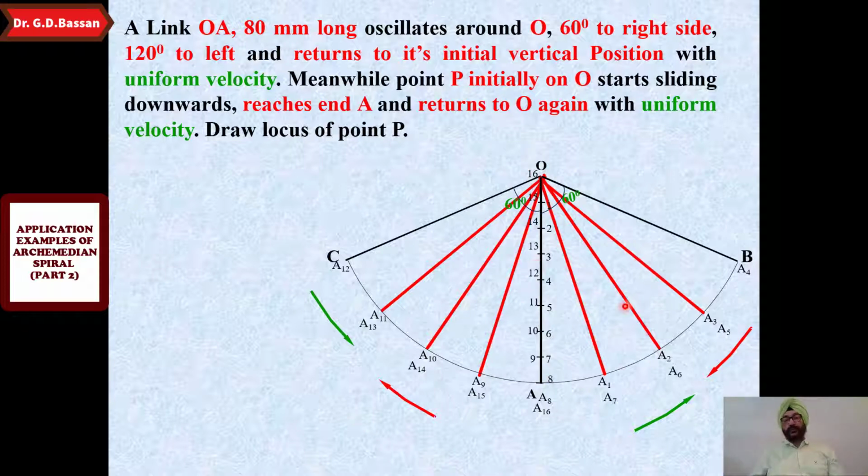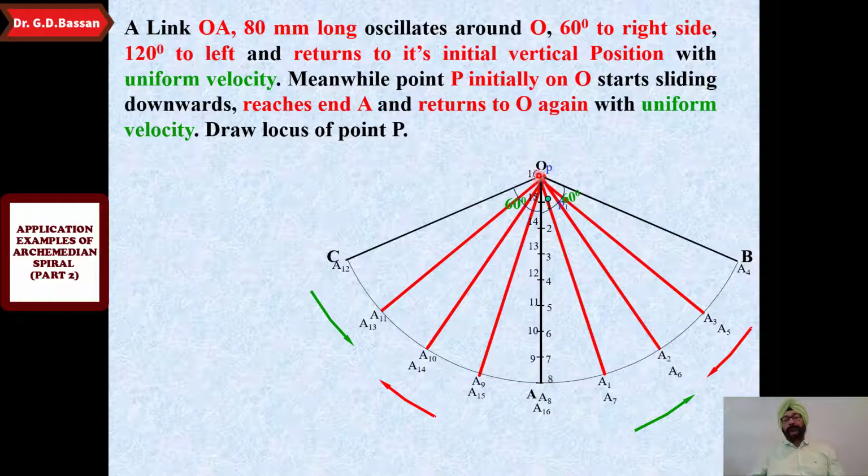One thing you keep in mind is that the total number of oscillation divisions must be equal to the total number of linear divisions. Then drawing the Archimedes spiral is very simple. It is similar to what we discussed in the previous examples. So take center at O, radius equal to O to 1, draw an arc which intersects the link position OA1 at point P1.